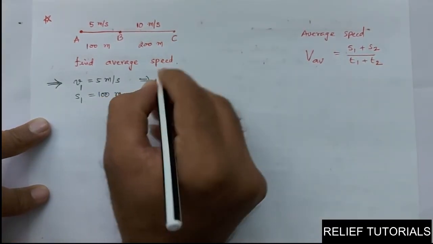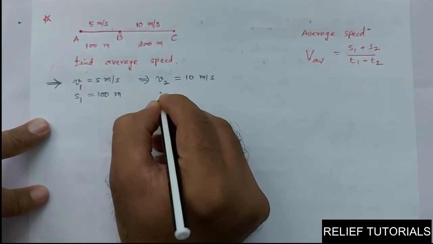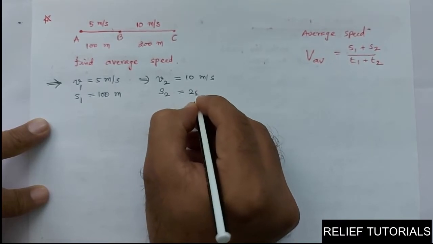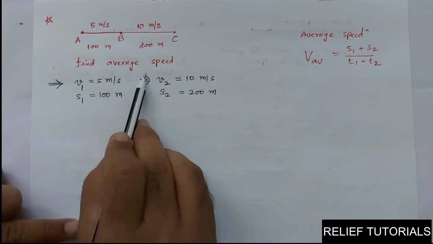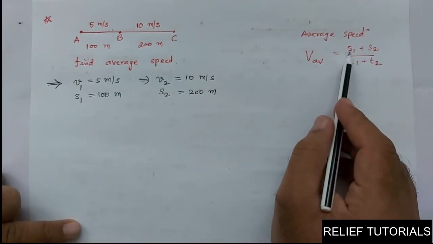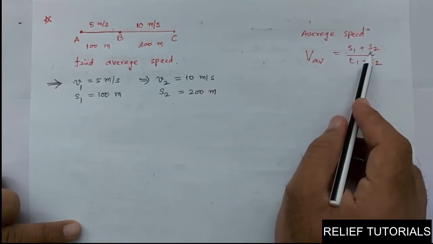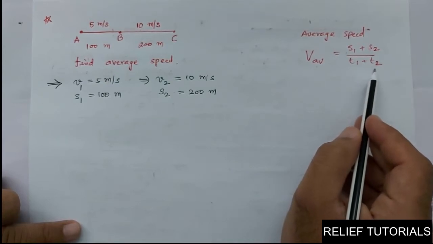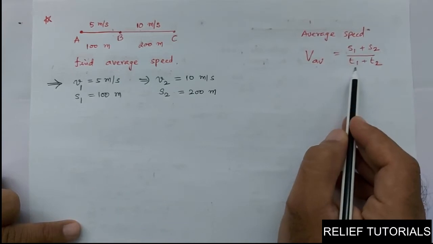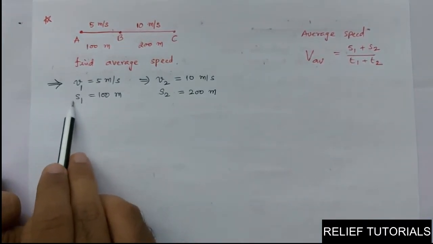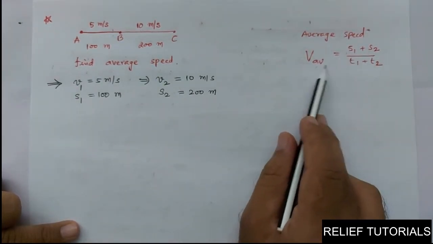In the second part, speed V2 is given as 10 meter per second and distance S2 is 200 meter. We have to find average speed, and the formula is (S1 + S2) upon (T1 + T2). We have S1 and S2, but we don't have T1 and T2. Then how can we find VAV? First of all, we have to find T1 from the information of the first part, and then T2 from the second part, and then we can find average speed.